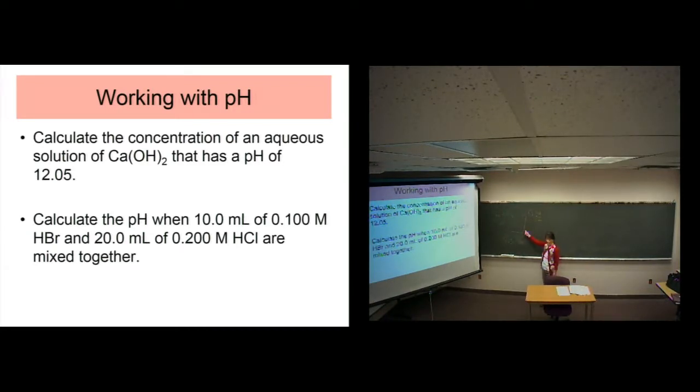I just need the total moles. Okay, well, how many moles am I getting in here? That's the question. How do I figure that out? How many moles of the hydrogen ion? How would I get the moles of the hydrogen ion? Ooh, so molarity times liters is moles.